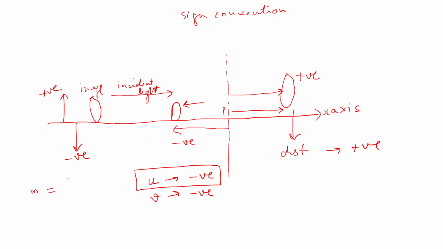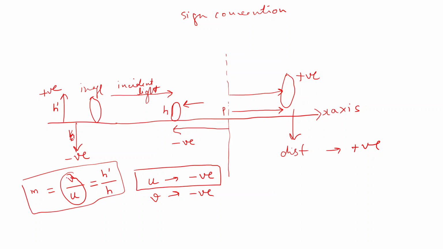If the object height is h and the image height is h prime, then magnification means image height to the object height, which comes out to be equal to the ratio of distance of image from the pole to the distance of object from the pole. Just keep in mind this information.